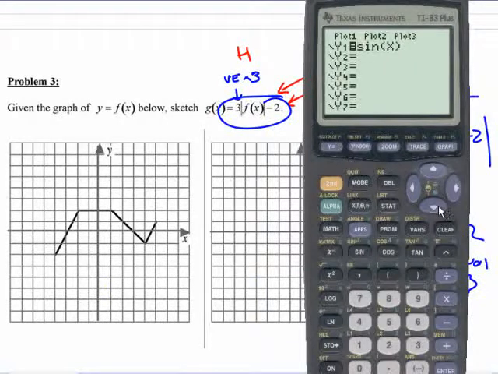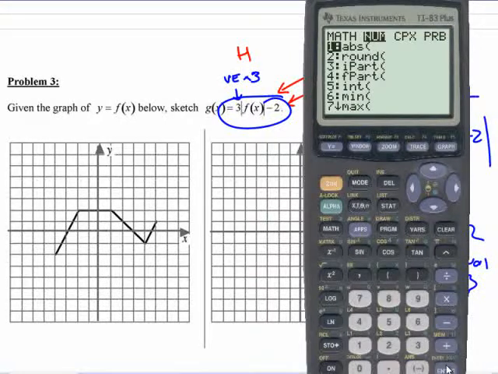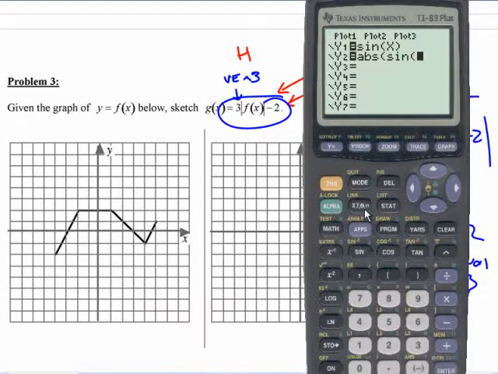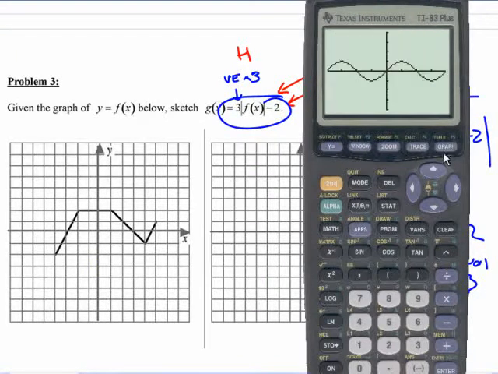If I was to now graph absolute value, which is right here under numbers, absolute value of sine of x, that crazy function you haven't seen before, it's absolute value of that function. So given what the original graph looks like, what's this going to look like now? It's not going to go below, right? So it's going to graph that one again, and now this, I was going to do it while it's covering it up.